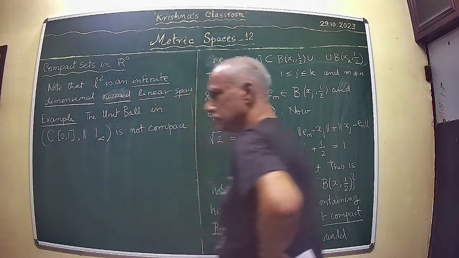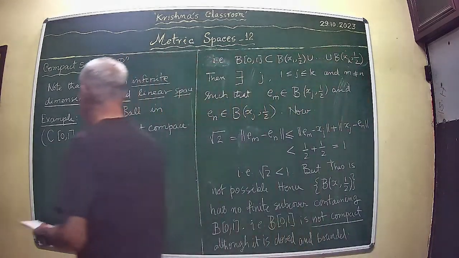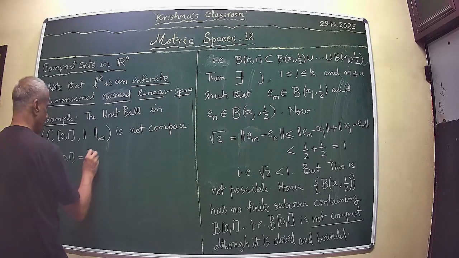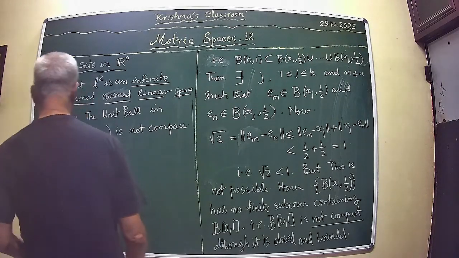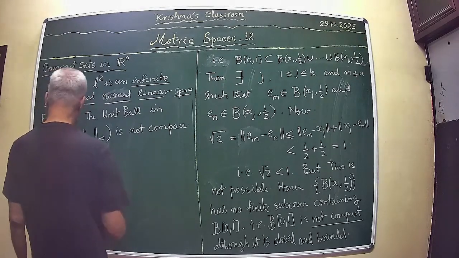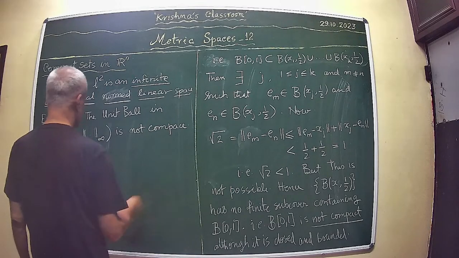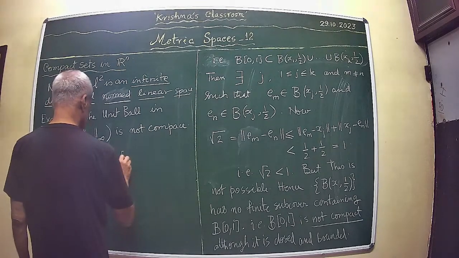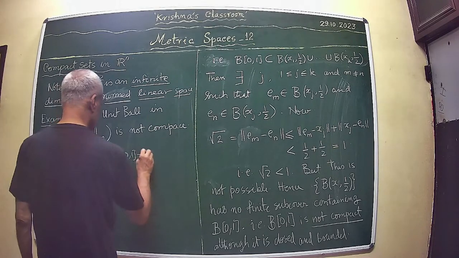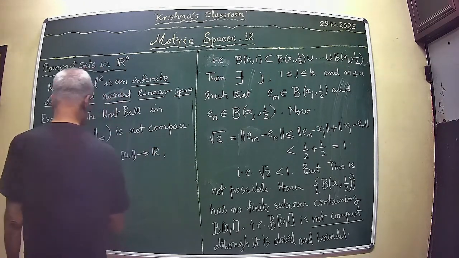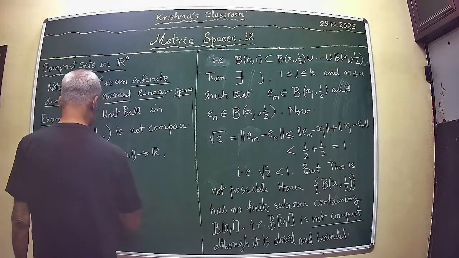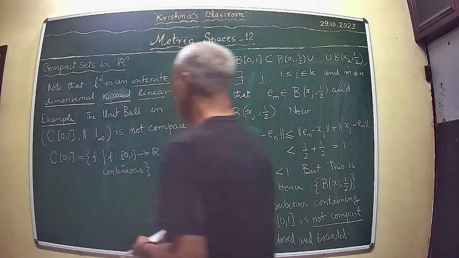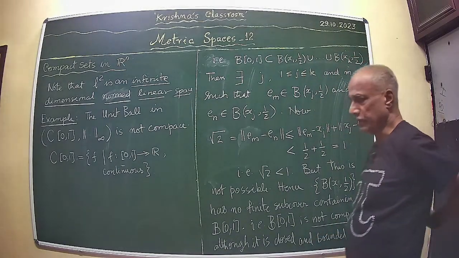Again, it is bounded. And what are these? C[0,1] is the set of all functions with scalar complex values such that they are continuous. All continuous functions on the interval 0, 1.